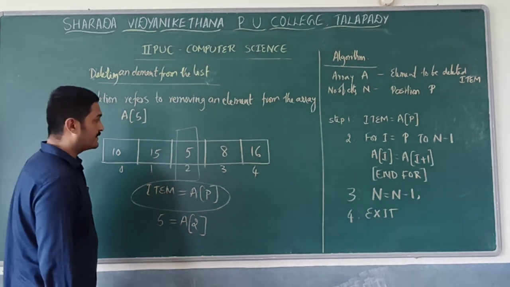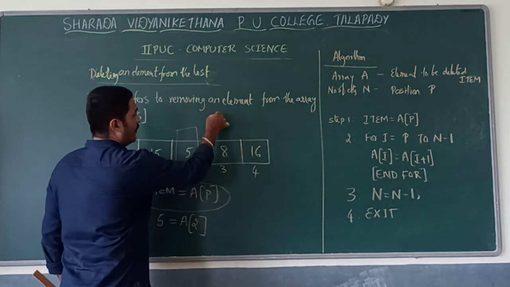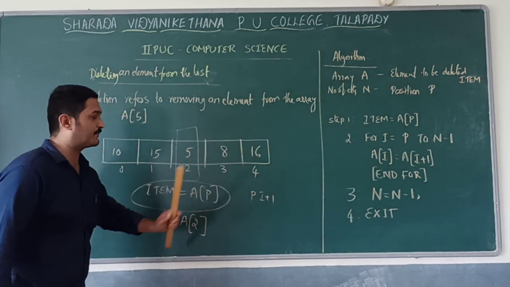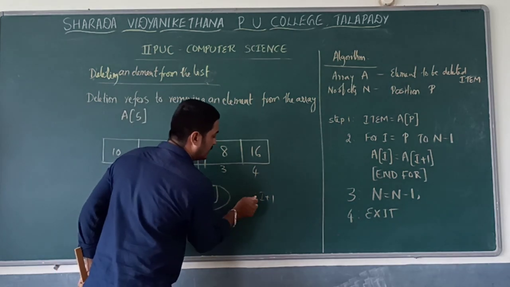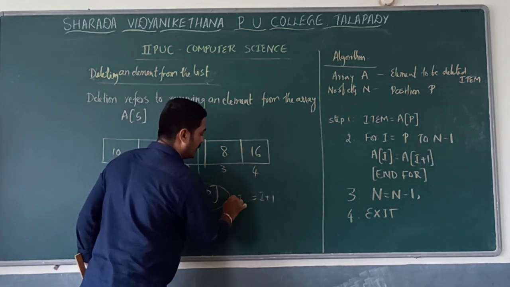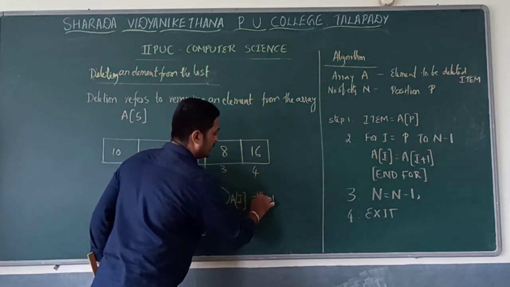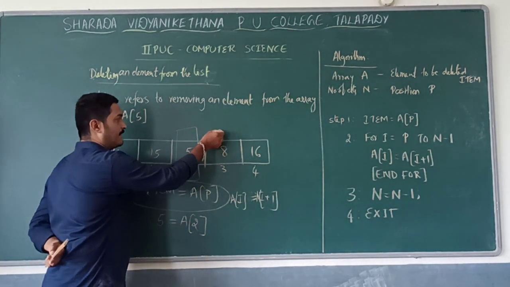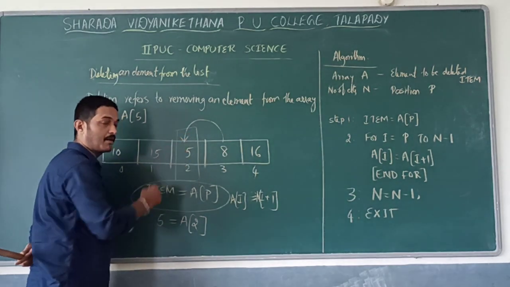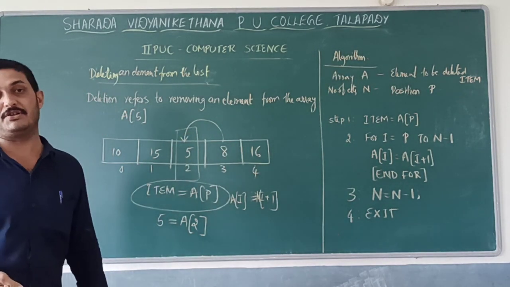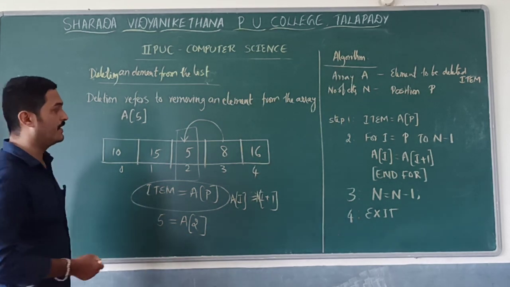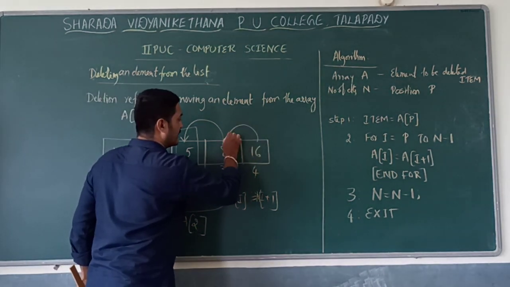Here we start from location I plus 1. A of I plus 1 is assigned to A of I. So that element is allocated to the previous, next lower order position, and 16 is assigned to the previous location.